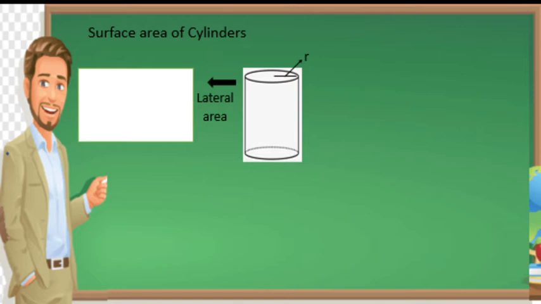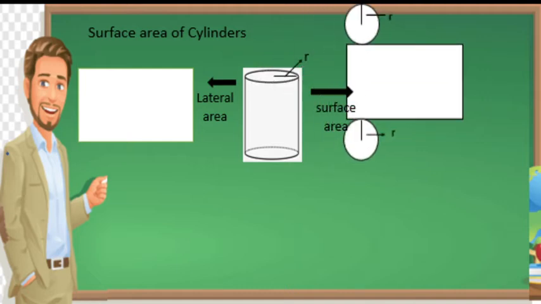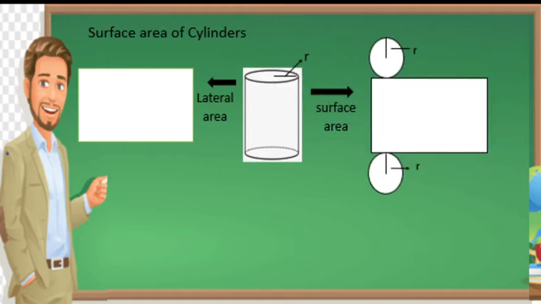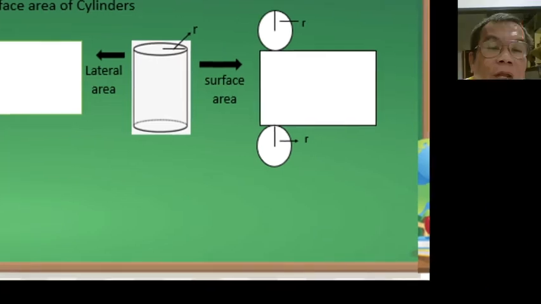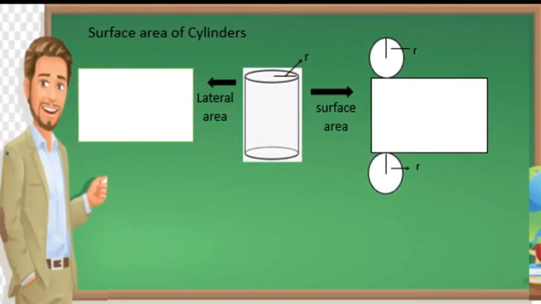Okay, and now, if you're going to get the two bases or the two circular top and the bottom or the circle, that will become like this. So this time we take the surface area by getting the nets. So there are three. So this is the top, the bottom, and this is the rectangular form of a can when we cut this.